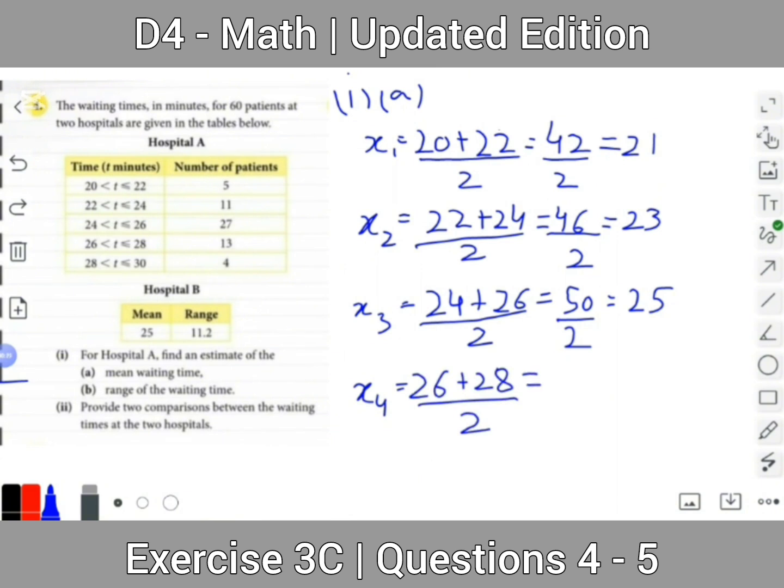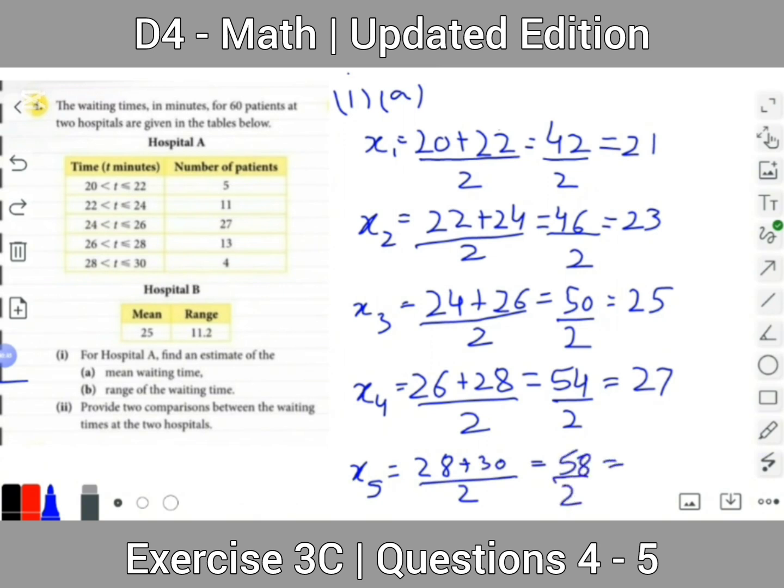Here we have 54 divided by 2, and it will be equal to 27. So the fourth mid value is 27. Now the fifth mid value, we have 28 plus 30 divided by 2. So here we have 58 divided by 2, and it gives us 29. So the fifth mid value is equal to 29.